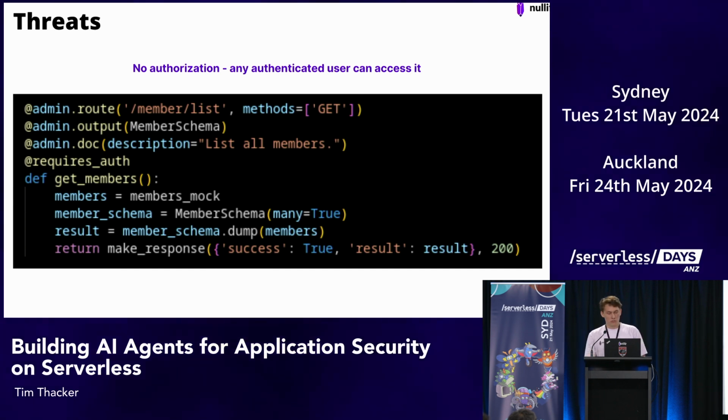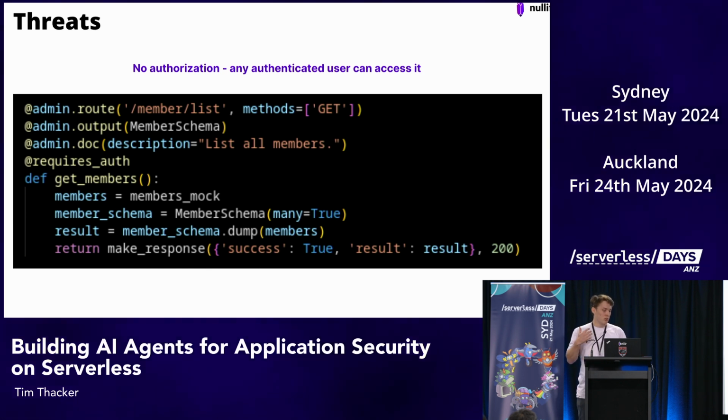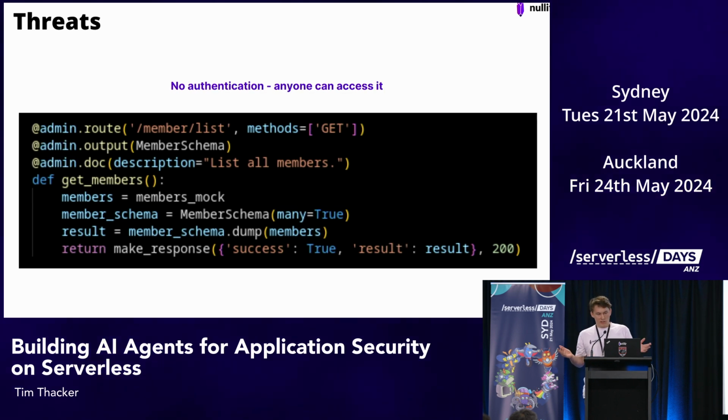So given the context of what application this is and what business context it is, this could be vulnerable or it could be okay. But shout out to Optus: if you even forget to check the authentication, then anyone can call this endpoint and dump your whole customer database.